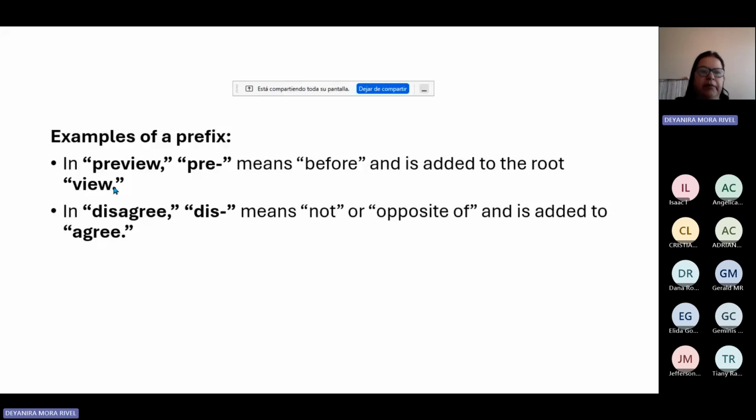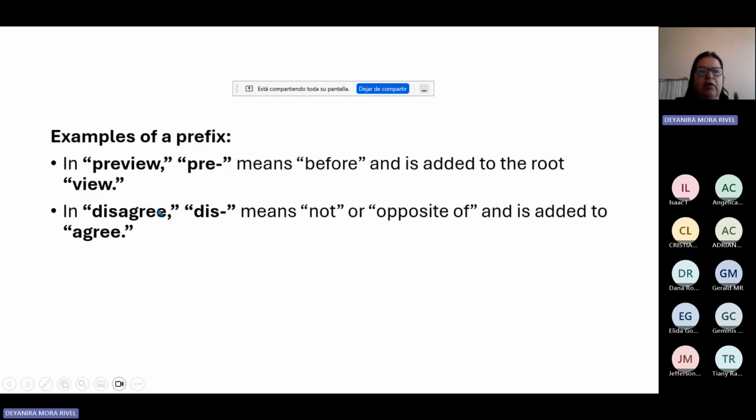In disagree, I have the verb agree, and then the morpheme dis, which means also the contrary of agree, or not to agree in this case. Yes, opposite to agree. So two morphemes there in both cases. Preview, two morphemes. Disagree, two morphemes.